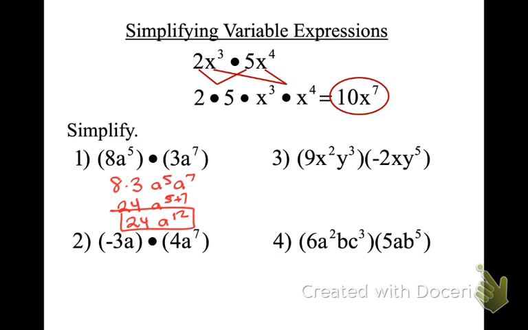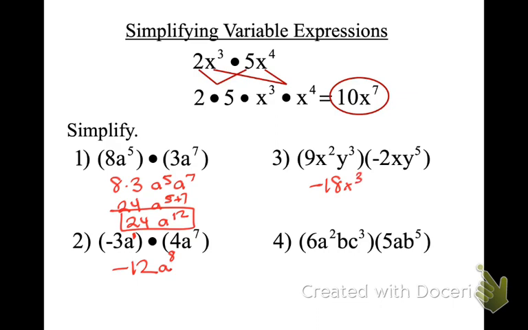Okay, so number 2. How about Alan? I got negative 12a to the 8th. Perfect. Because that exponent is to the first power. Number 3, let's go with Bryce. I got negative 18x, 3y to the 8th. X, not 3y, x to the third.